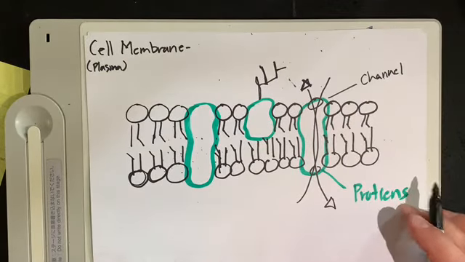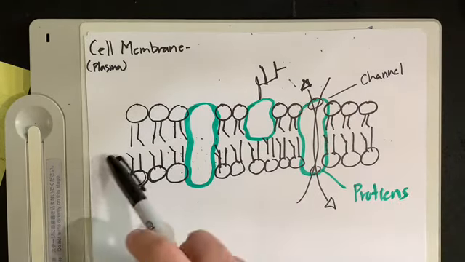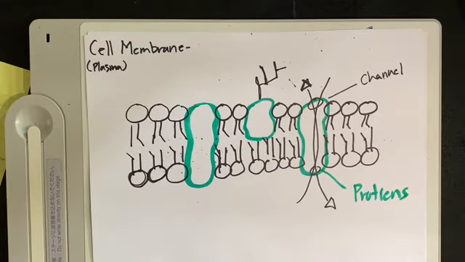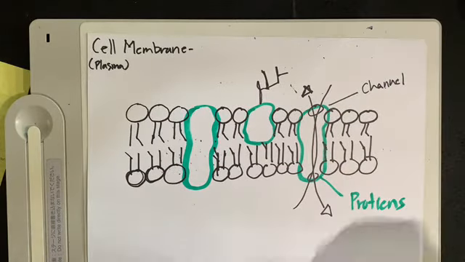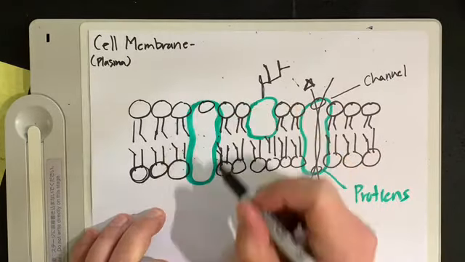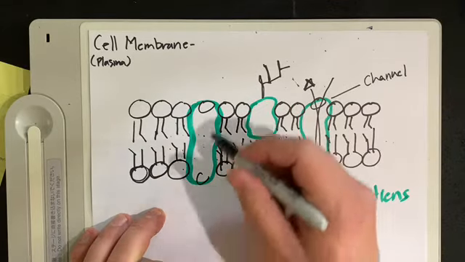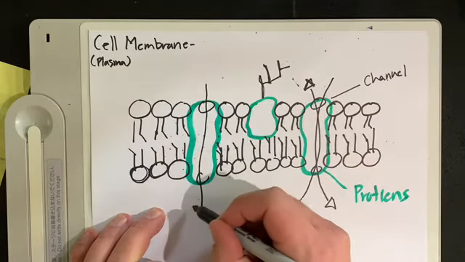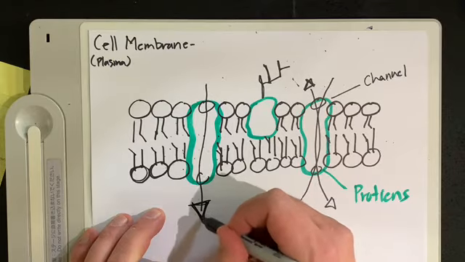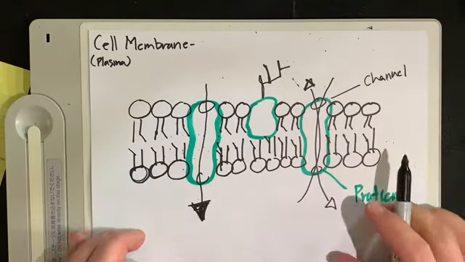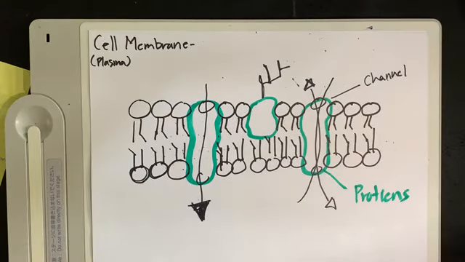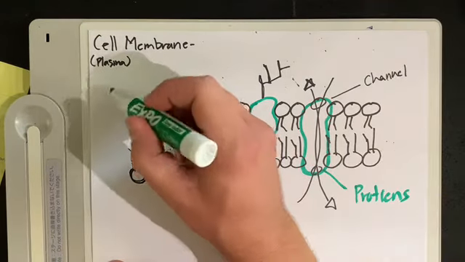Okay, so really our cell membrane is to kind of regulate what goes in and out of the cell, and it will do this with a lot of these proteins. So let's say both of these here are our channel proteins. Maybe this one only lets things in. This one here lets things in or out, and maybe just for good measure we can draw a third one over here.